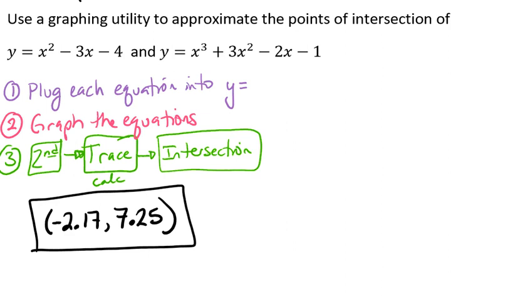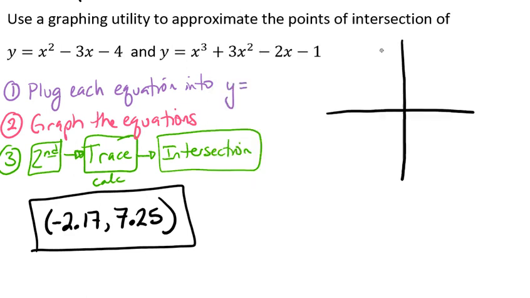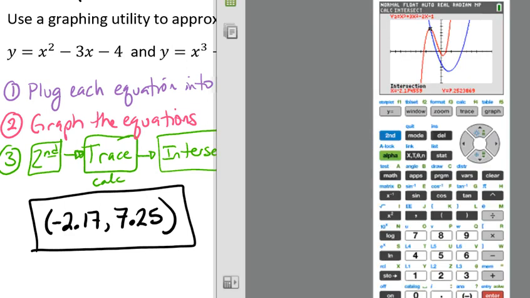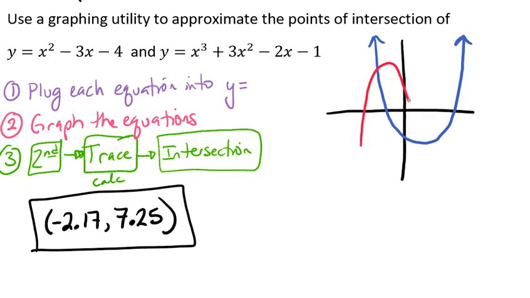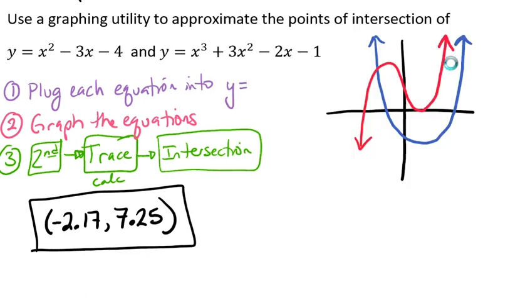Now it might be a good idea to give a little sketch of what those look like. So we'll pull up our graph, and we'll sketch our blue line, which is going to look something like this. And then we'll graph our second equation, which is going to look something like this. And we'll just double check and make sure. Oh, it looks like I needed to have a little more down swoop there.